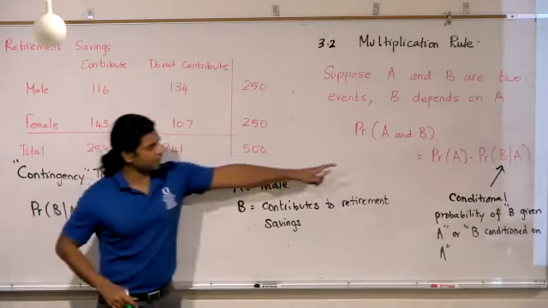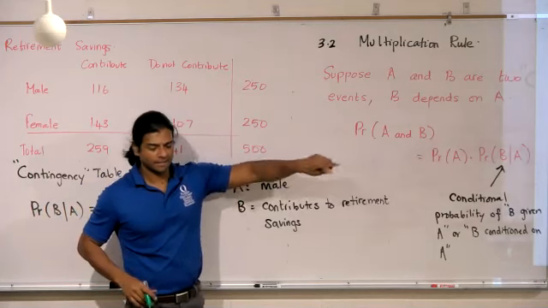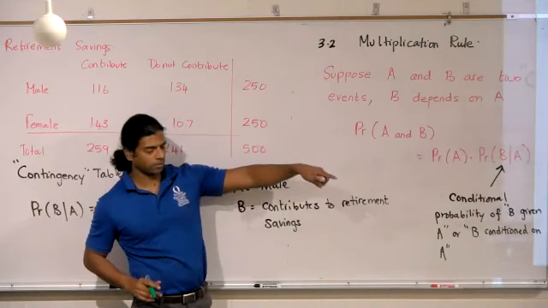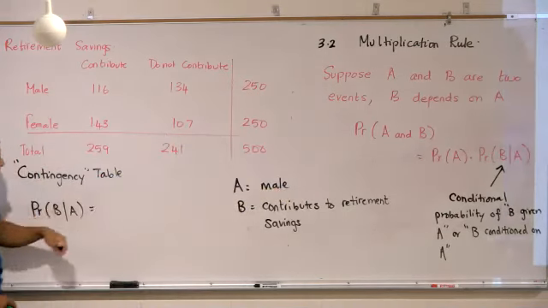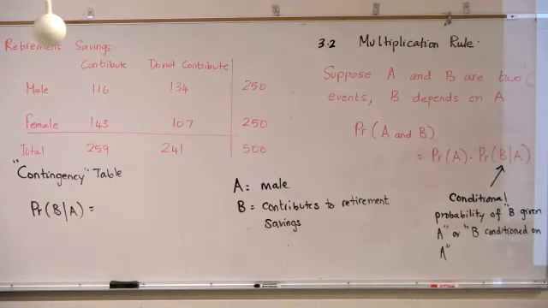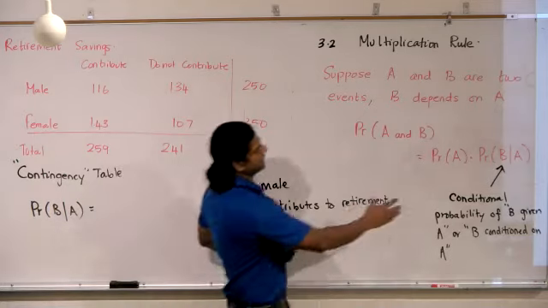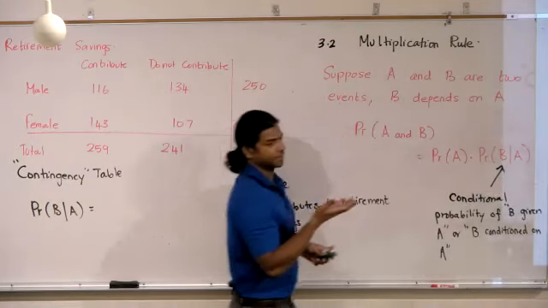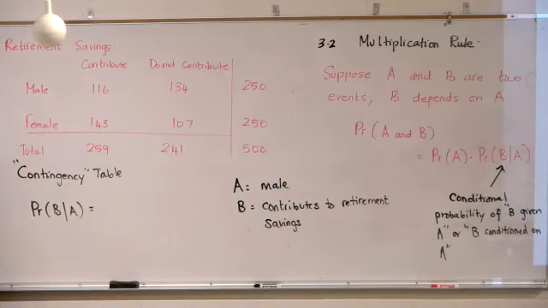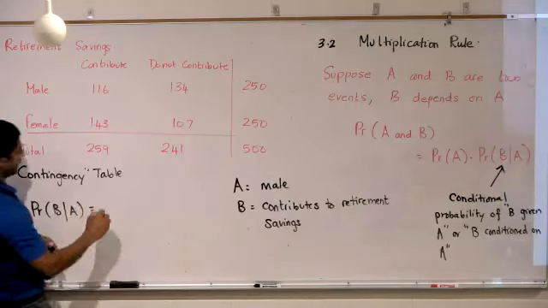So we sort of have to rewrite the multiplication rule to solve for probability of B given A. So if I want to solve for probability of B given A, what would I do? Divide by the probability of A on both sides.